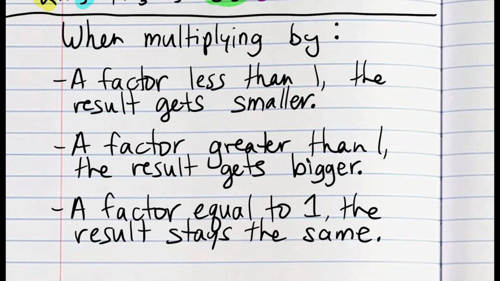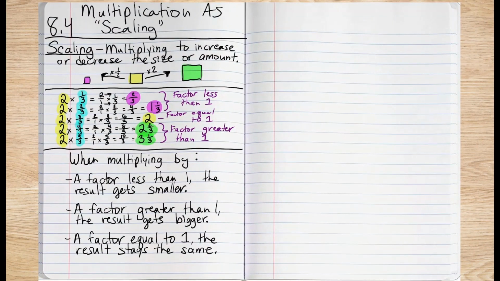So let's go ahead and color code that info. Let's grab our highlighter. So our original factor in our examples was 2, so I'm going to color the word factor. When I multiply by a factor that is less than 1, we used pink for that, the result gets smaller.